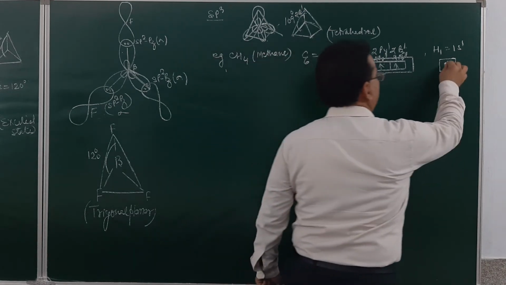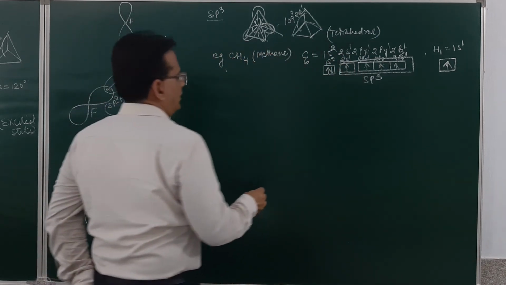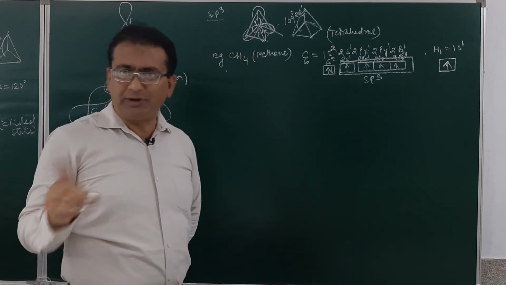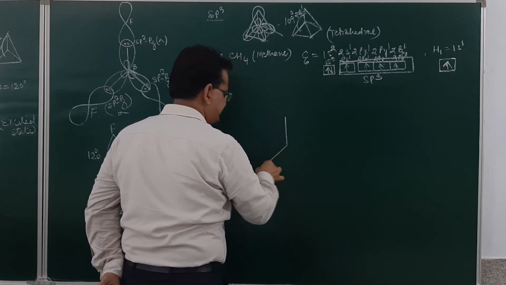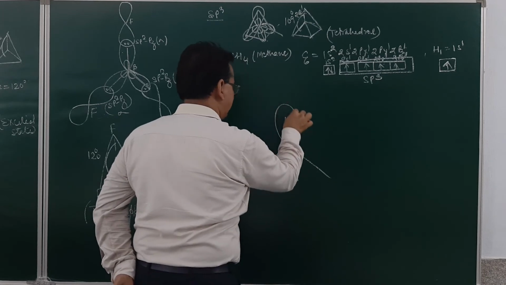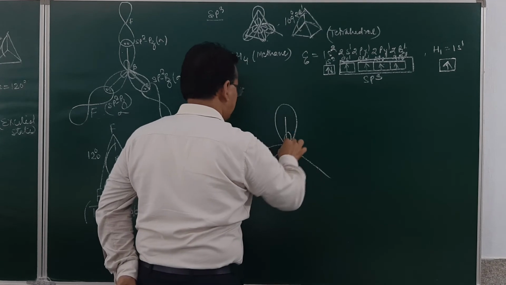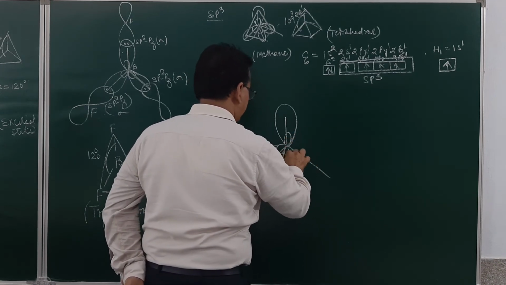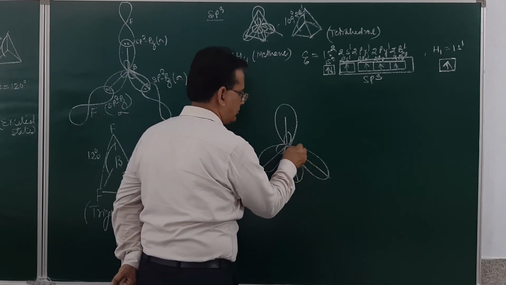Am I clear? Now, how does the bond formation take place? These 4 sp3 hybrid orbitals will orient themselves to form tetrahedral geometry, in this manner. This is an sp3 hybrid orbital, this is another, this is another, and this will be the 4th sp3 hybrid orbital.